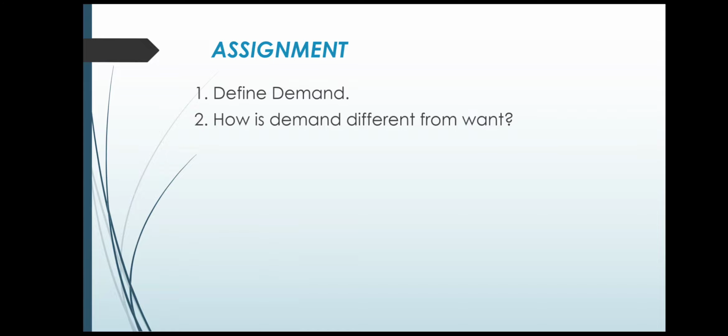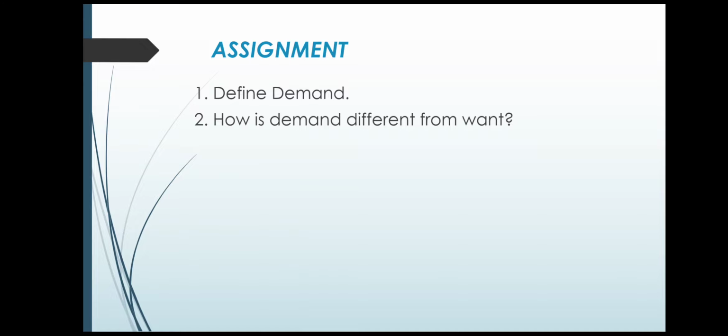The second question is, how is demand different from want? Just now you might have understood that want includes desire, ability, and willingness. These three things are there in want.